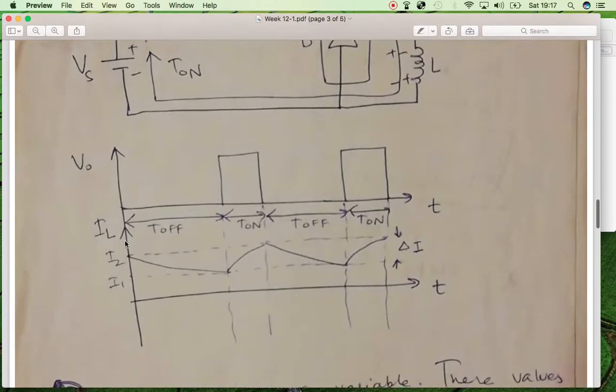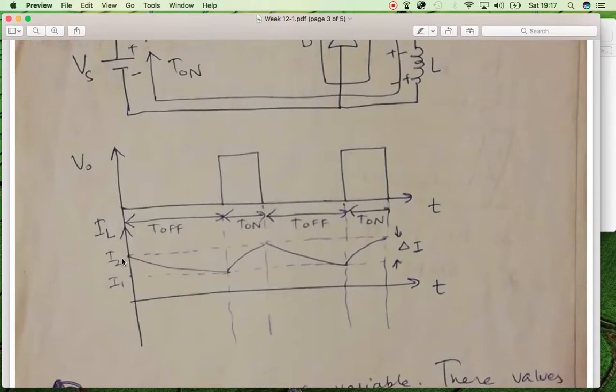So in both phases, whenever we have the voltage appearing across the load, the current is increasing through the load, and whenever the switch is off, the inductor behaves as a current source, and the current is decreasing through the load. So the current will be decreasing and increasing in such a way.